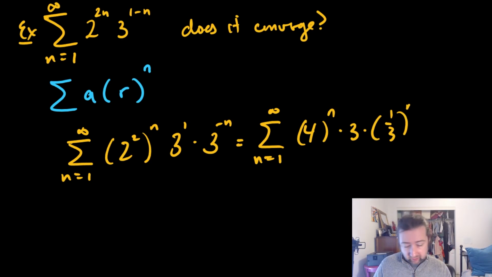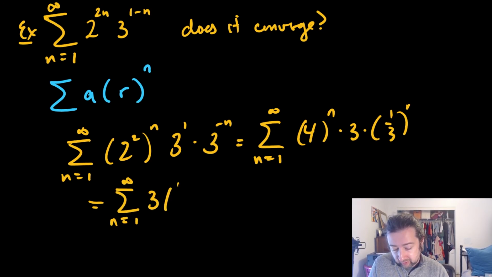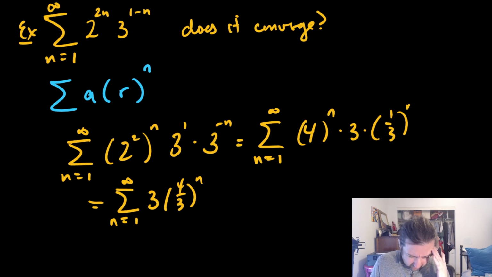Now I'm going to smash everything together. All the powers of n come together. And that should give me the sum from n equals 1 to infinity of 3 times 4/3 to the n. Now, this isn't quite right because in the version of this theorem that we used, we have n minus 1 as the power that we want.